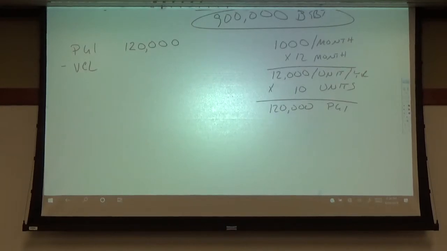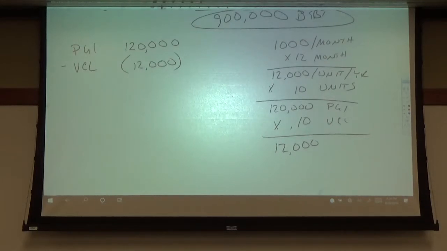All right? 10% of what? That potential gross income. Okay? So in this case, all you're going to do is multiply 120,000 times the 10% vacancy and collection loss, and that's going to give you $12,000. All right, does that make sense?